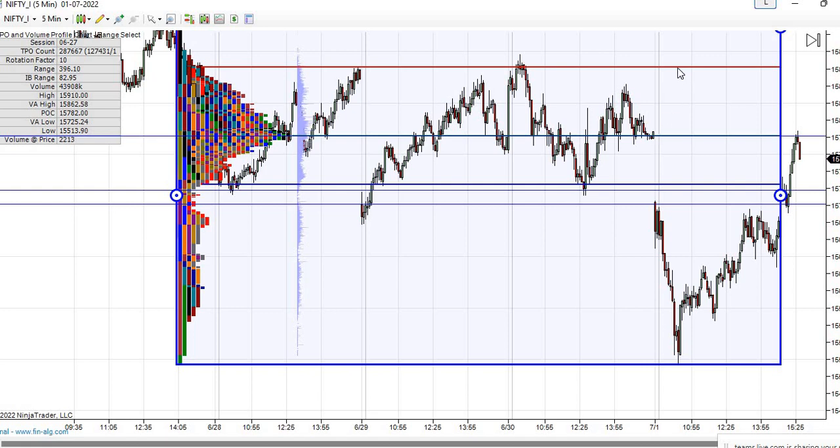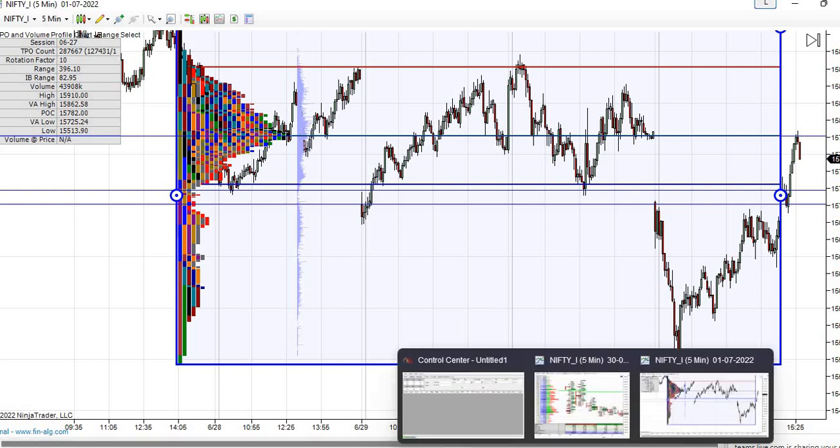It will go to 800, face rejection, and come down. It will go down, face support, and come up. That's kind of obvious. That's why the market will always open gap up or gap down, which also depends on the global sentiment. And this is how these levels are broken.